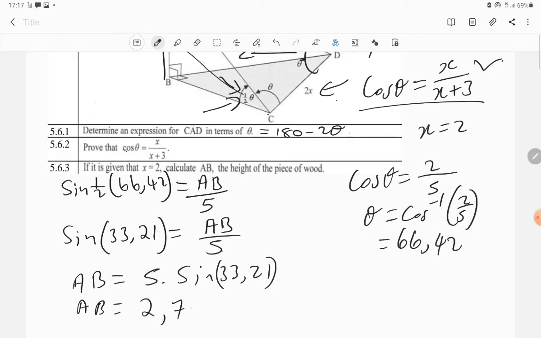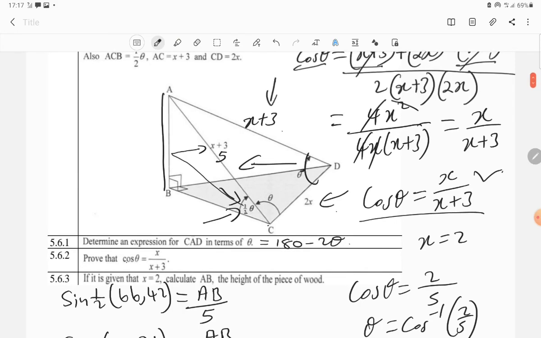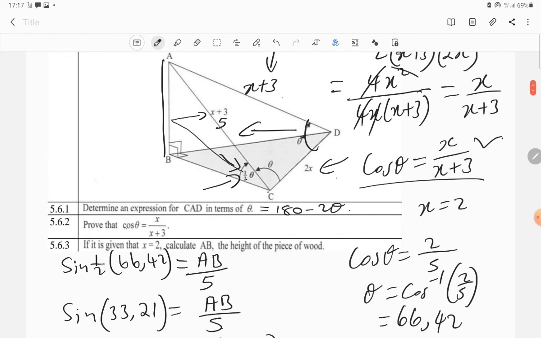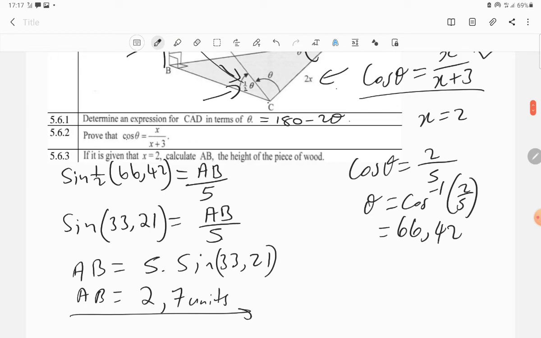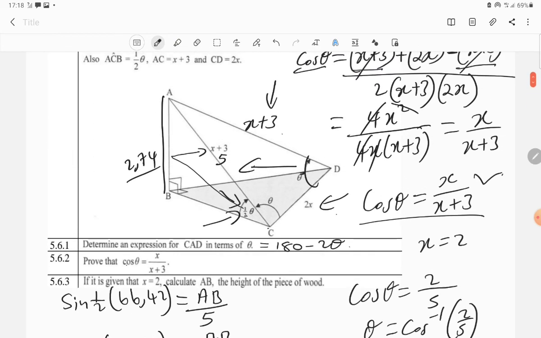So you can just say 2.7 units. So we have found the value, which is 2.74, and for the correct rounding off to 2 decimal places, this is what we have. And yeah, this is the idea on how you can deal with this problem.